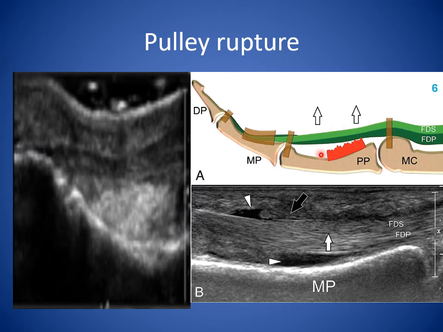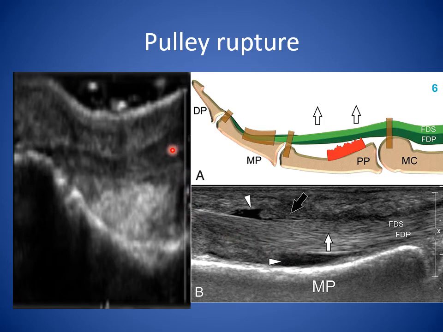This is an example of the pulley rupture. As we said before, the pulleys attach the tendons close to the bony surface. In cases of pulley rupture, the tendons are just seen moving away from the bone. This is an acute setting, where we see a site of the pulley rupture with fluid, and fluid also seen under the tendon, which is seen moving slightly away from its normal site.